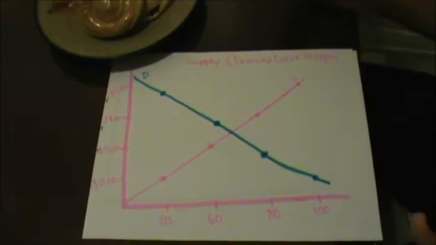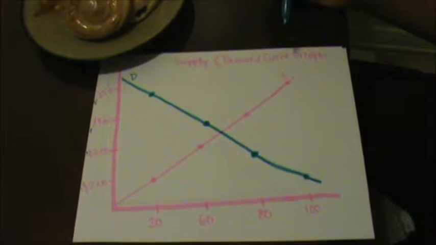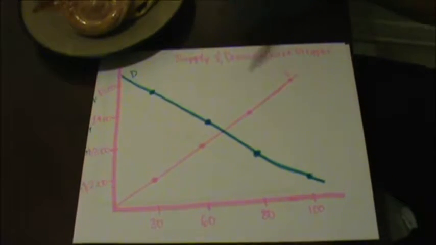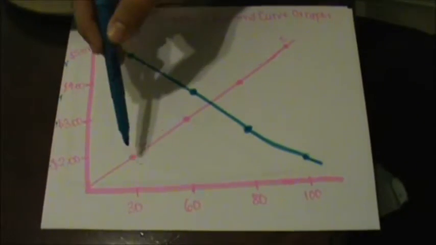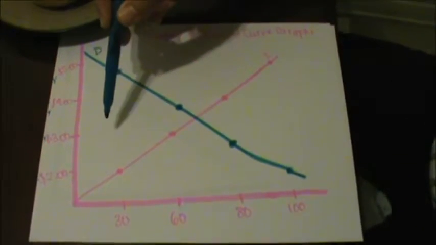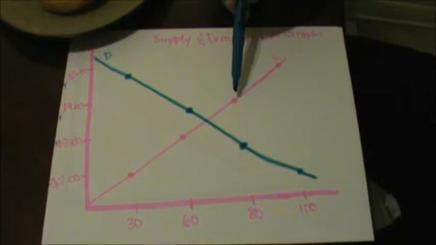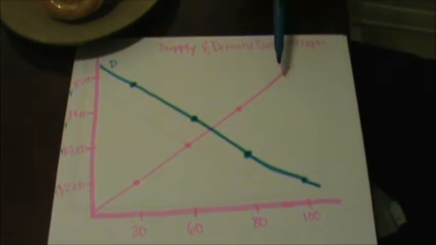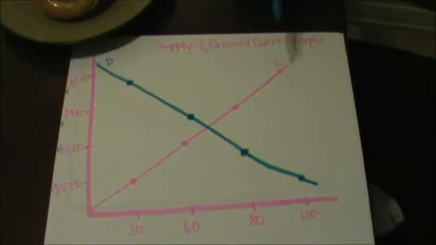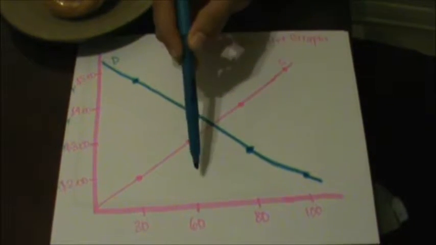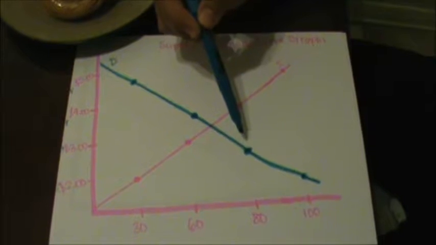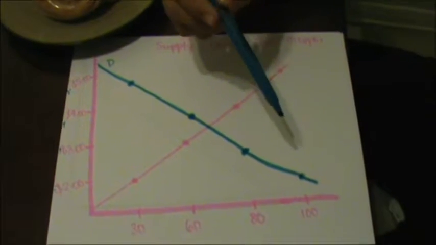Alright guys, so now we're going to do our supply and demand curve graphs. As we can see, we have 4 quantities and 4 prices. For supply, we have 30 for $2, 60 at $3, 80 at $4, and 100 at $5. For our demand, we have 30 for $5, 60 for $4, 80 for $3, and 100 for $2.